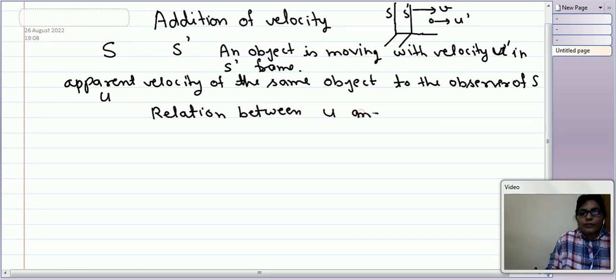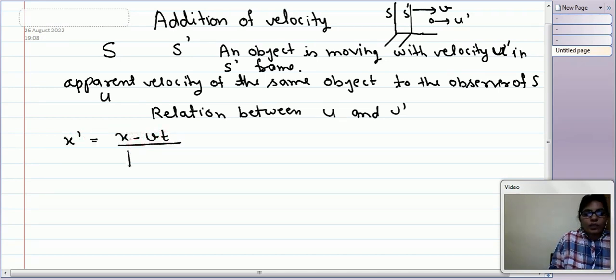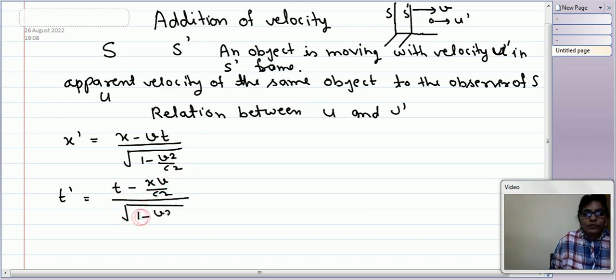For this, let us write x dash is equal to x minus vt upon under root 1 minus v square by c square, and then t dash is equal to t minus xv by c square upon under root 1 minus v square by c square. Let me check these equations.